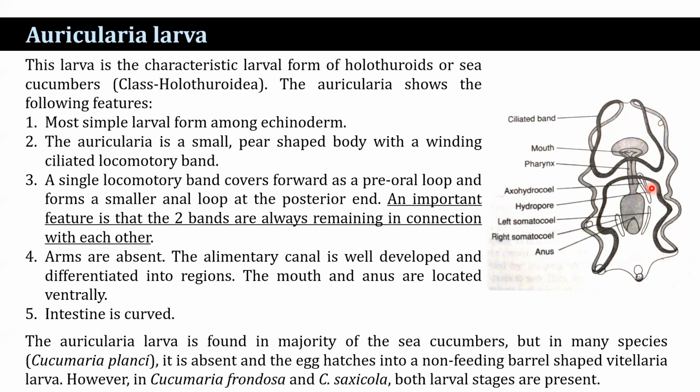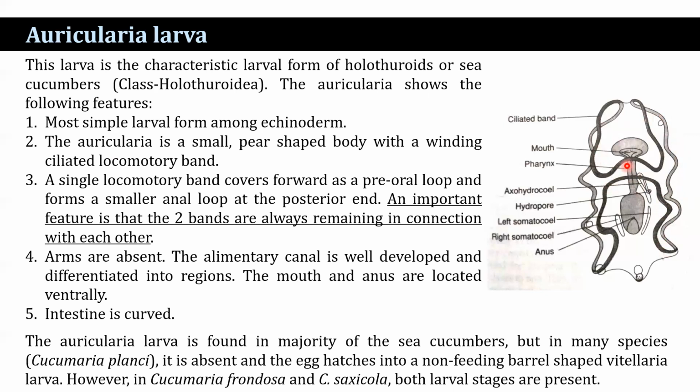An important feature is that the two bands always remain in connection with each other. Here you see the two bands always remain connected. Arms are absent. The alimentary canal is well developed and differentiated into regions. The mouth and anus are located ventrally. The intestine is curved.